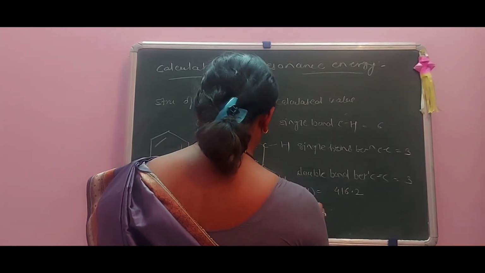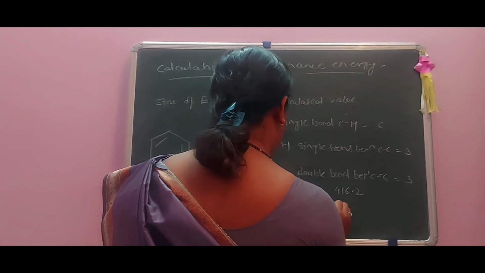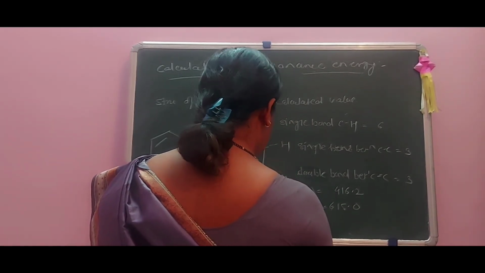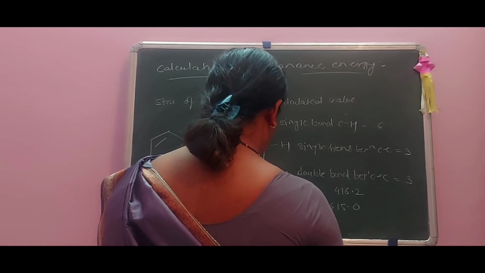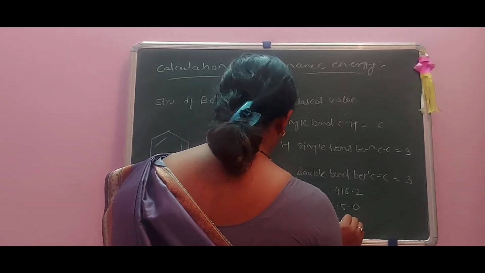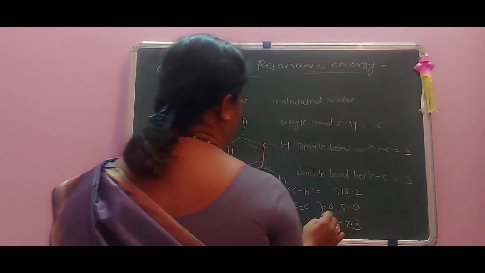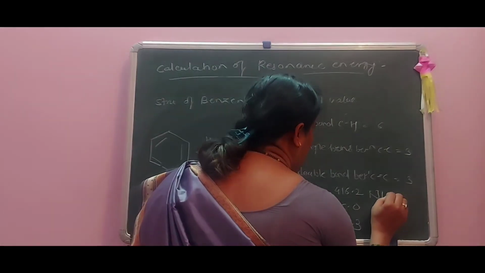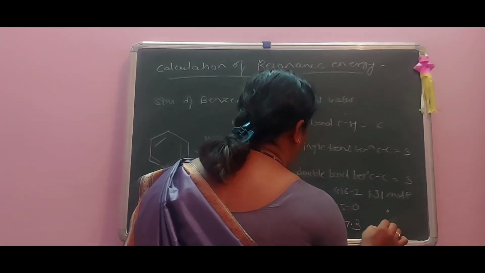For C=C bond, 615.0, and C single bond C is 347.3. These are the values we are given, in kilojoule per mole.